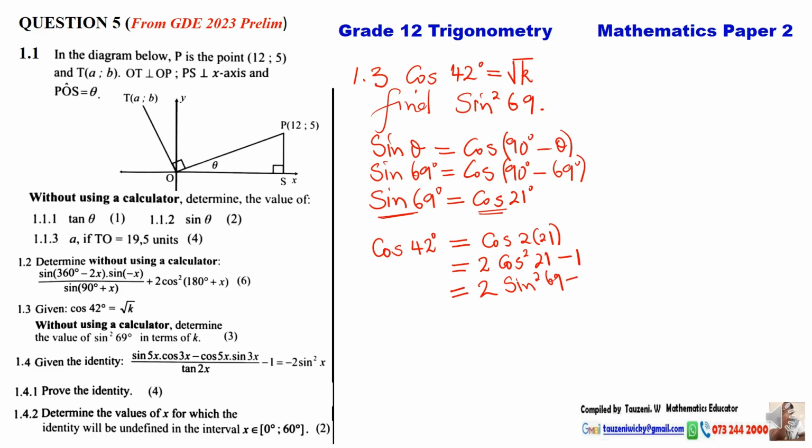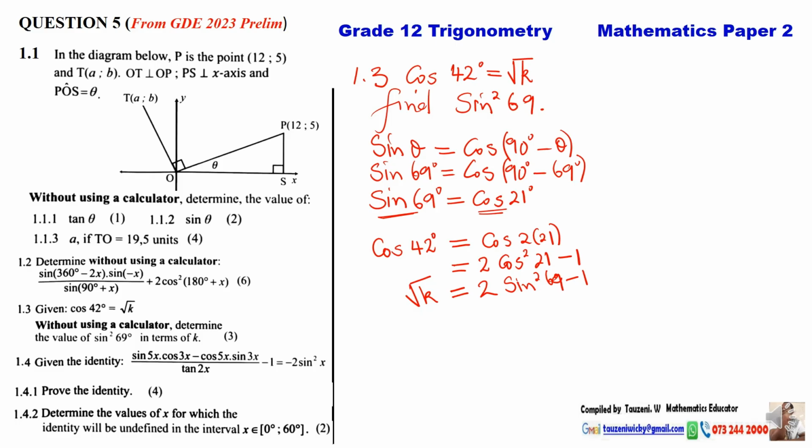That is substitution, because sine 69 and cos 21 are equal to each other. The cosine of 42, from the information provided, is equal to the square root of k. So we substitute cos 42 with the square root of k. So the square root of k is equal to 2 times sine squared 69 minus 1.